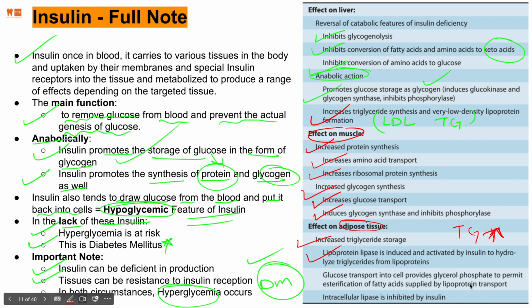In other words, it breaks down fat. Intracellular lipase is inhibited by insulin. So inside the cell, there is a molecule that tends to metabolize fat tissue. It prevents it. And therefore, it prevents any weight gain. That's insulin's job.